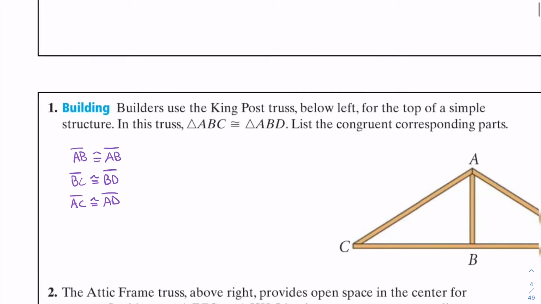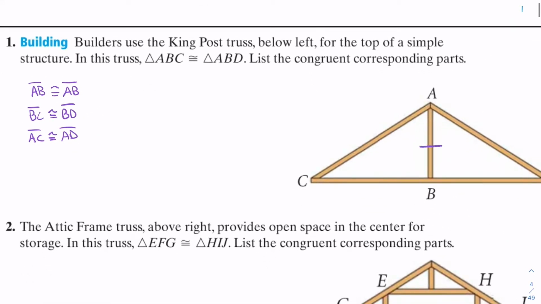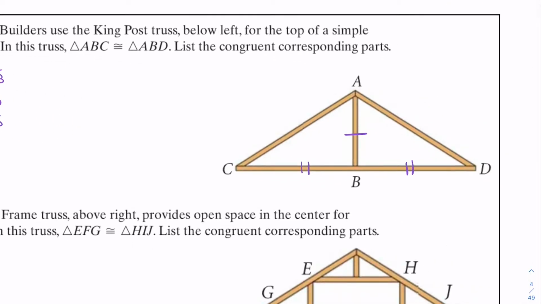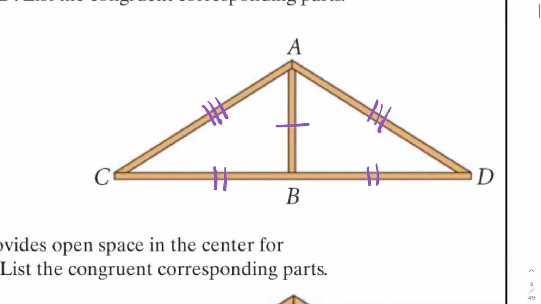Okay, so AB congruent to AB, well, that was easy. Then BC and BD. And then AC and AD. Notice this 1 tick mark, but I'm not going to use 2 tick marks because that would match these parts.